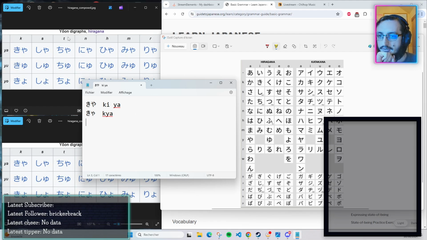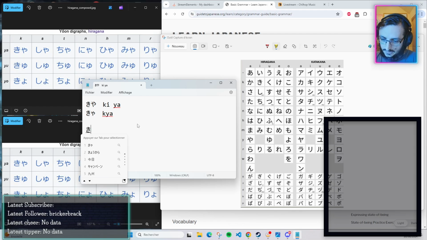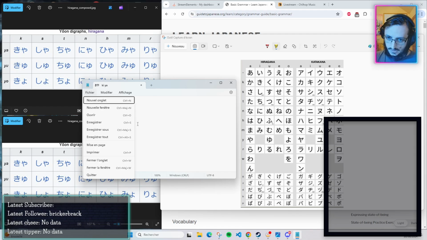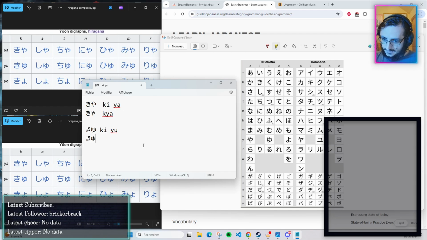And all the others are on the same principle. So you have the same with the yu and the yo. For ki, yu, you would have in Japanese with the merged one, kyu.